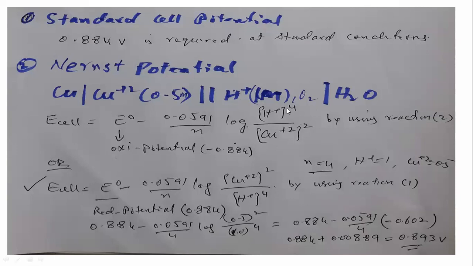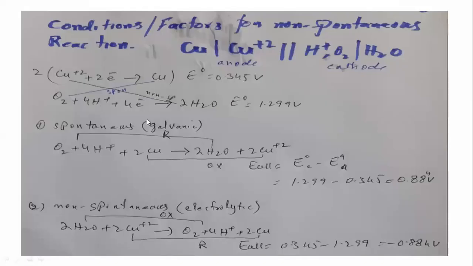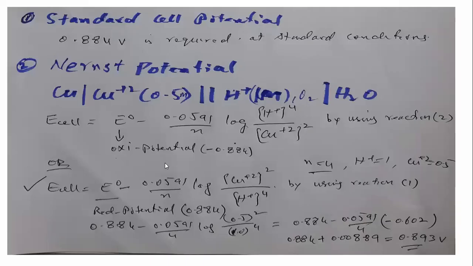So when you put in the values, the value of n is 4, as the electrons transferred are 4. You have multiplied this by 2 to balance the reaction, so 4 electrons must be cancelled out. So the total number of transferred electrons in this reaction is 4. So the value of n is 4.